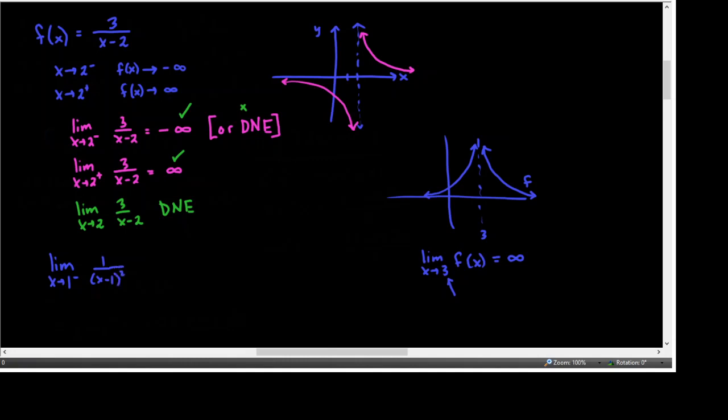Just kind of nice to know a specific one that does this. Looking at the graph, on the left side of 1, the graph is going up without bound, so that's positive infinity. And on the right side of 1, for that same function, looking at the graph is going up without bound, so that would be positive infinity.